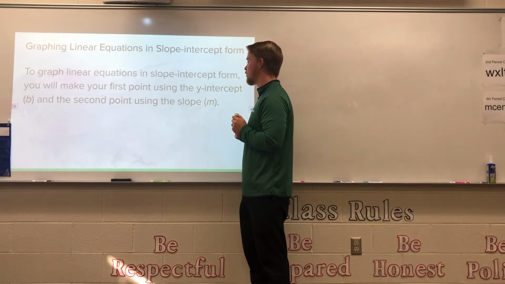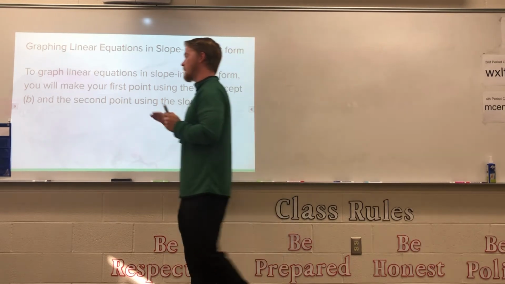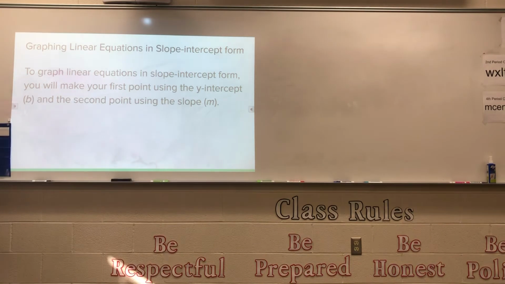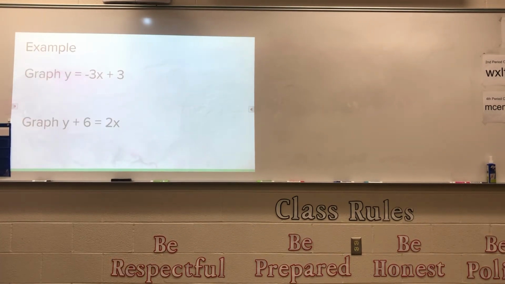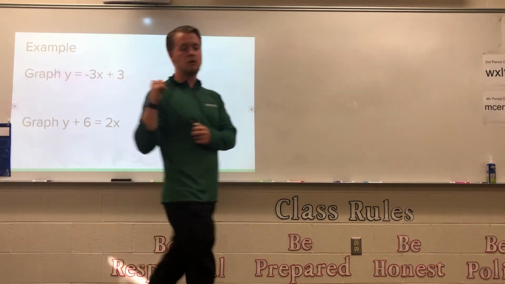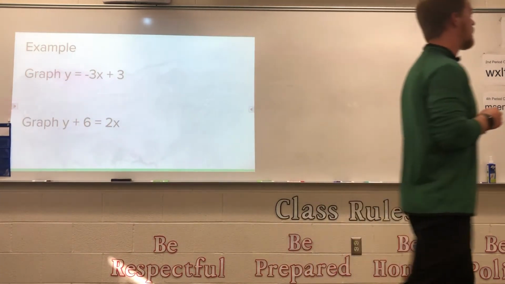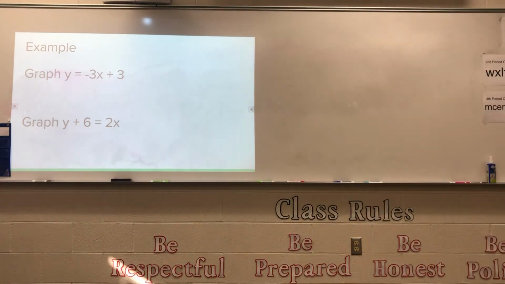Okay, and this will make a little more sense as we look at an example. But that is the main idea of what we're going to be doing with this. So let's look at a couple examples. I'm going to have you write those down because then we're going to move over to the coordinate plane to graph these. So make sure you write those down, and then we'll move over here so that we can graph these properly.